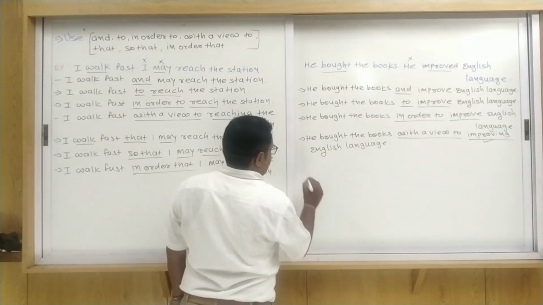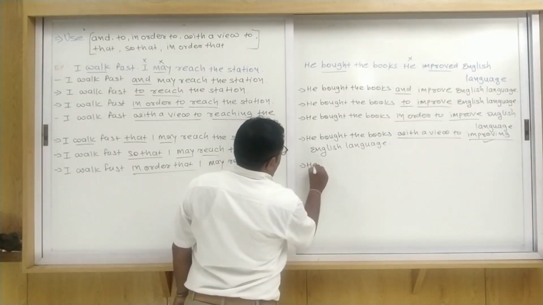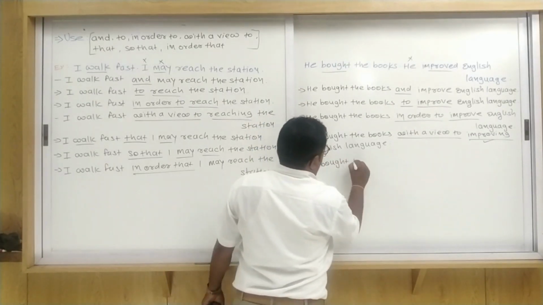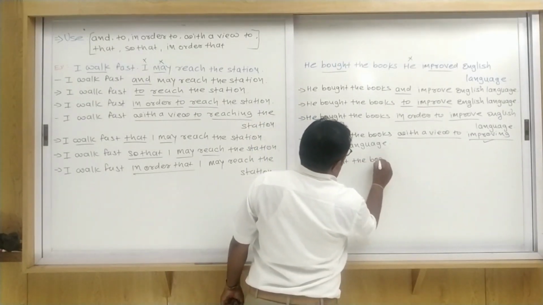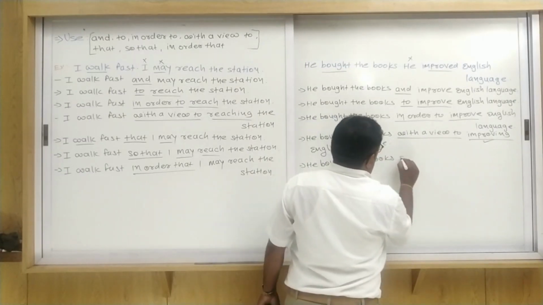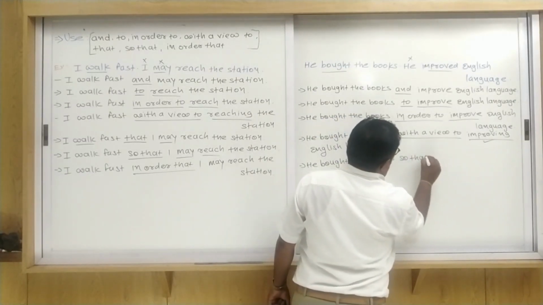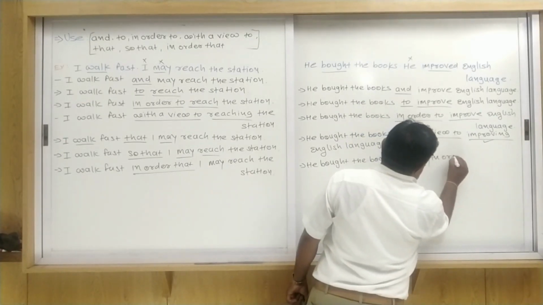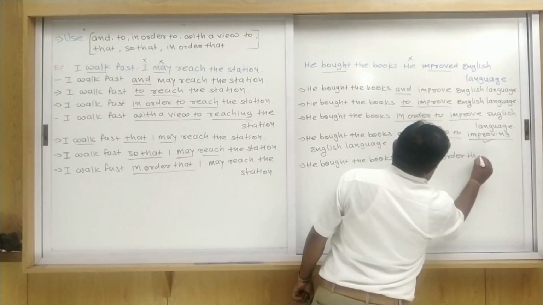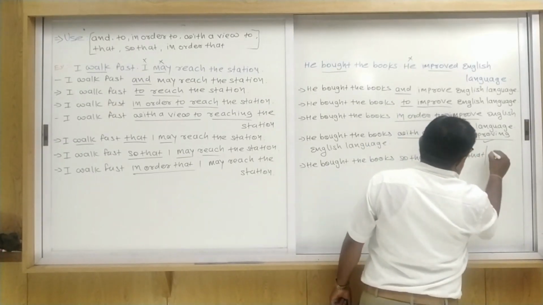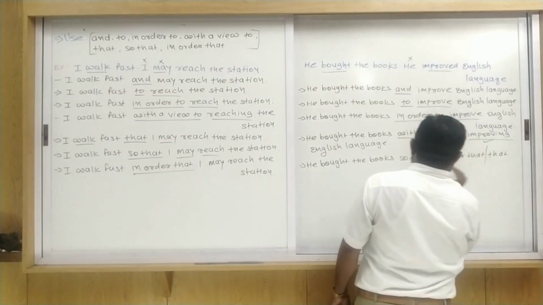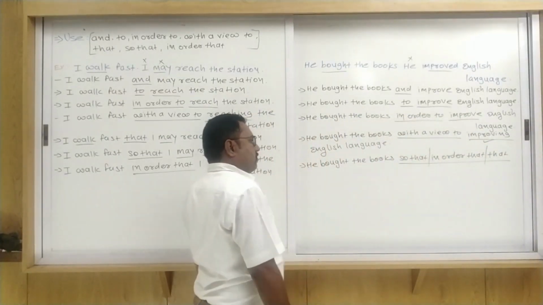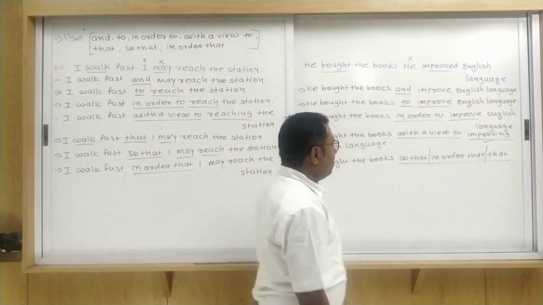Now I use that and so that. He bought the books so that, in order that, here you can write that. You can use so that, either in order that or that.